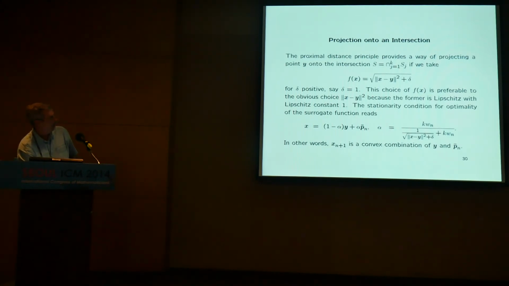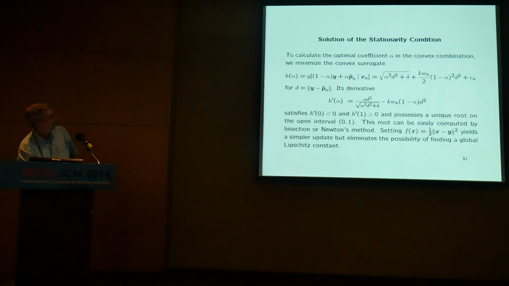This alpha is unknown, so you have to solve for that. And you do that by setting up standard stationarity conditions, and it's basically a one-dimensional problem that's straightforward to solve. I won't go through the details.